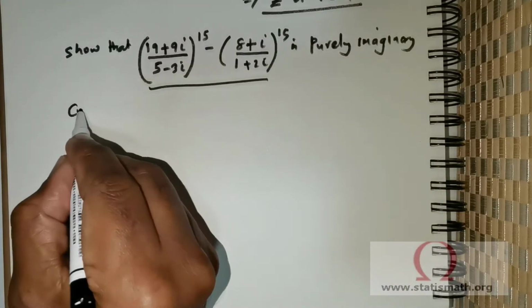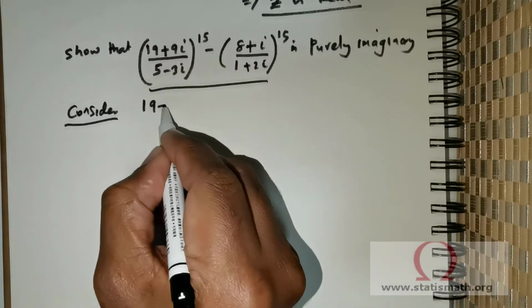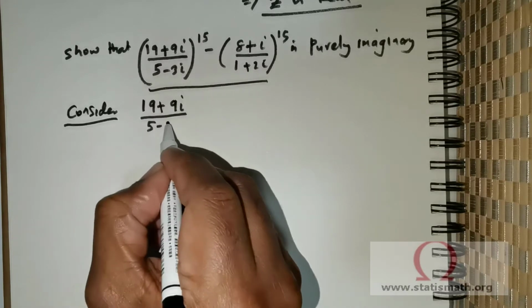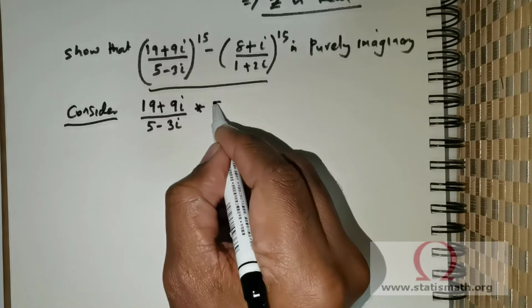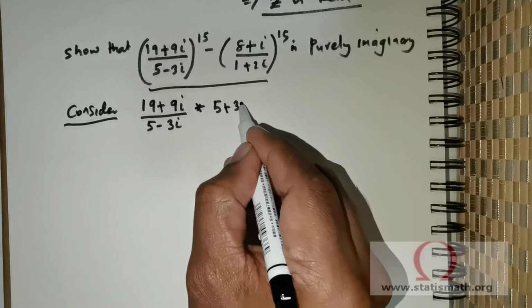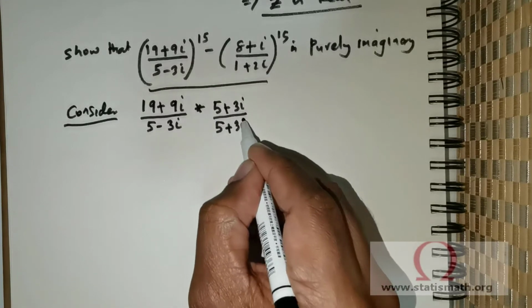First, I'm going to consider (19 + 9i)/(5 − 3i). I'm going to multiply by the conjugate of 5 − 3i, that's 5 + 3i, and divide by the same quantity.